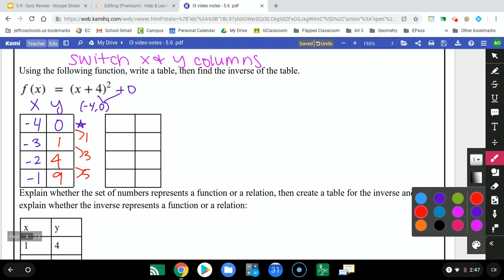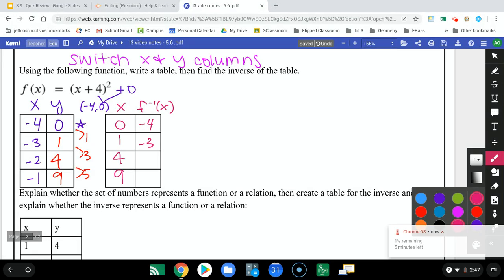So when I flip my x and y's, everything on my x's now becomes my y's. So this is now our x, and we actually call this f inverse of x. So if we flip it, it was 0, 1, 4, 9, and -4, -3, -2, -1.